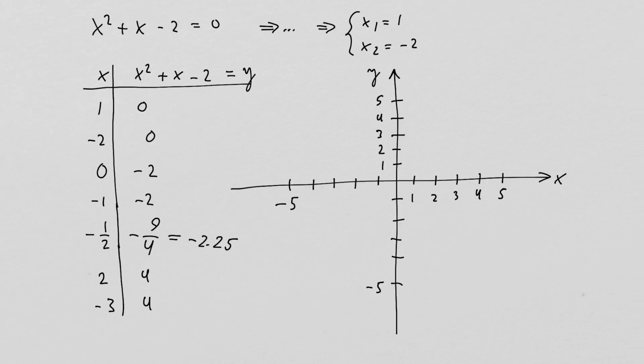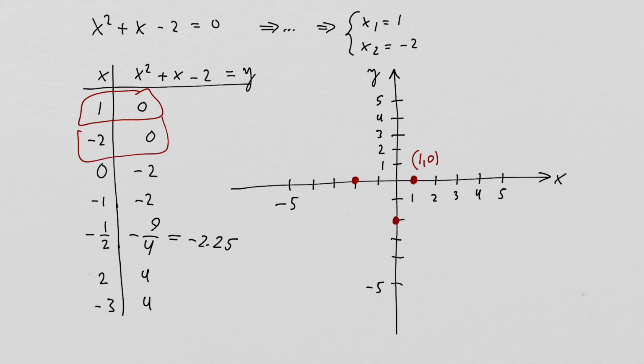Let's draw the points into the picture. If x is 1, y is equal to 0. Here is that point, 1, 0. If x is minus 2, y is 0. That point is here. If x is 0, then y is minus 2.